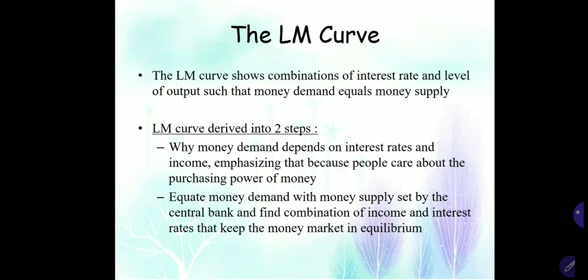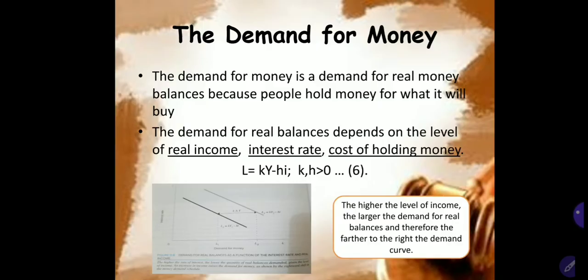This curve is derived in two steps. First, money demand depends on interest rates and income, emphasizing that people care about the purchasing power of money. The second is to equate money demand with money supply set by the central bank, and find combinations of income and interest rates that keep the money market in equilibrium.